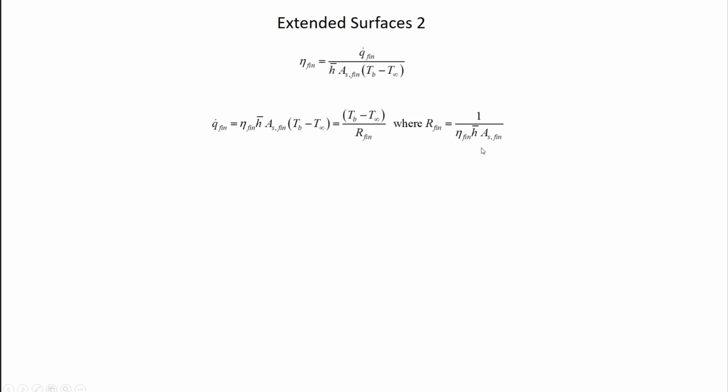Remember, the convection resistance is 1 over h bar times the surface area. But I have this fin efficiency that sits down here, and the fin efficiency is always less than 1. So it's saying that this resistance is always going to be bigger than what it would be if it were just a convection resistance. And that increase is related to our conduction in the x direction.